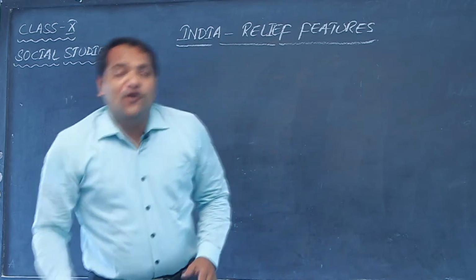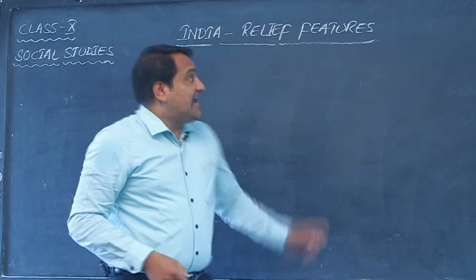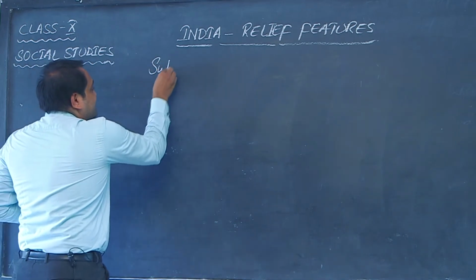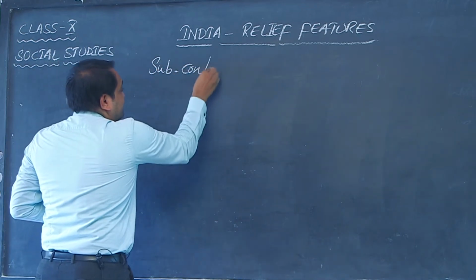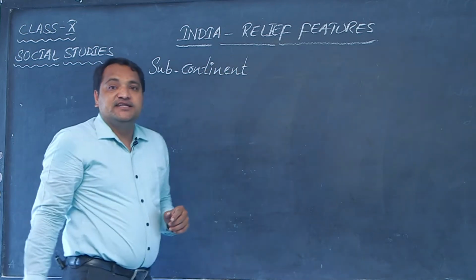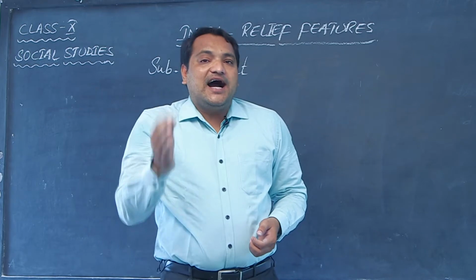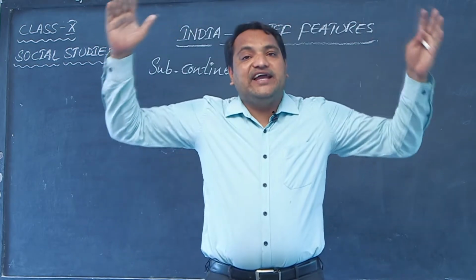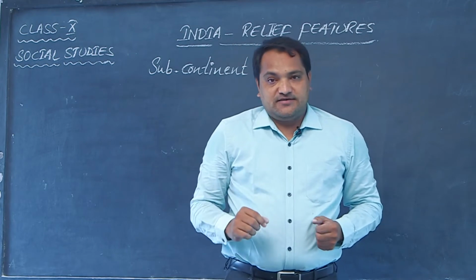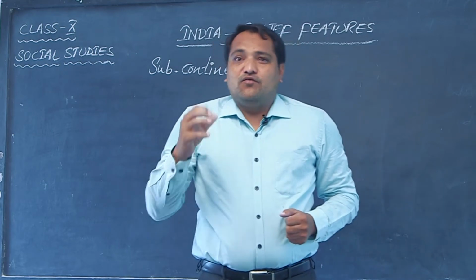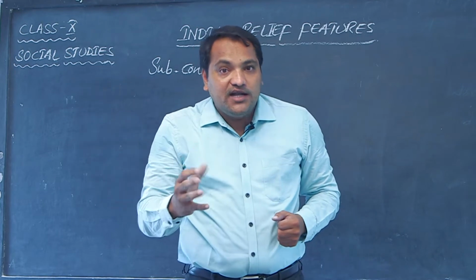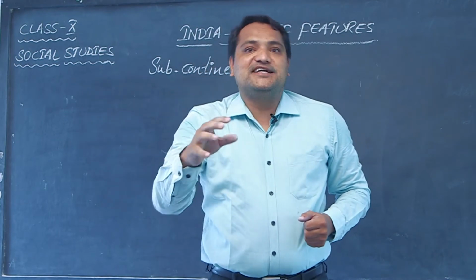First, let us all try to understand that India is called a subcontinent. Why is India called a subcontinent? It is because our country has the entire features that a continent possesses. For instance, all the different relief features that can be observed in the world can be found in our country.